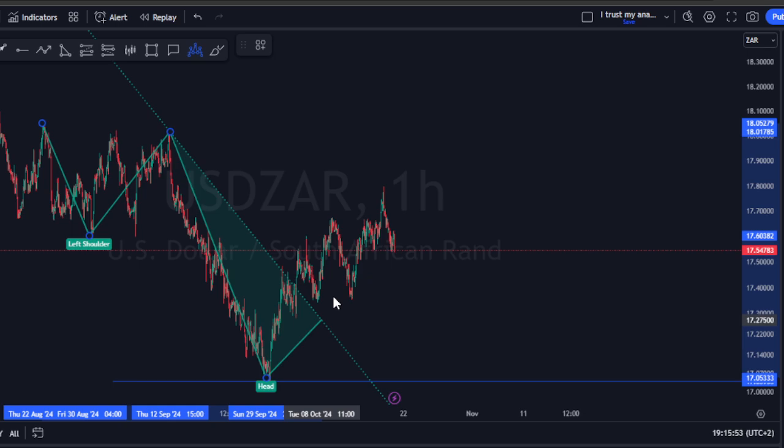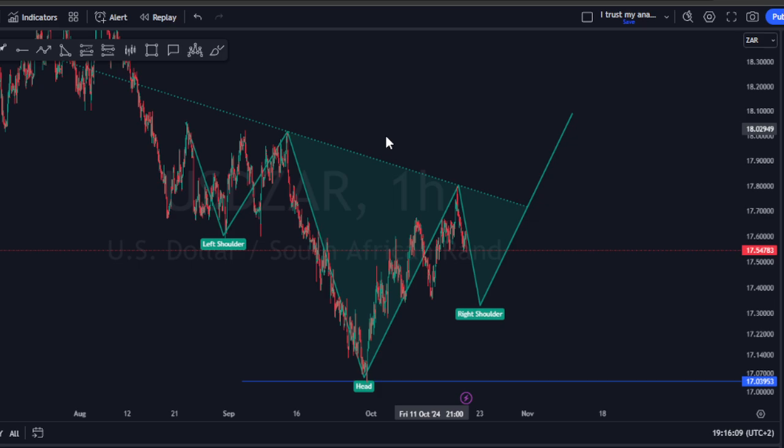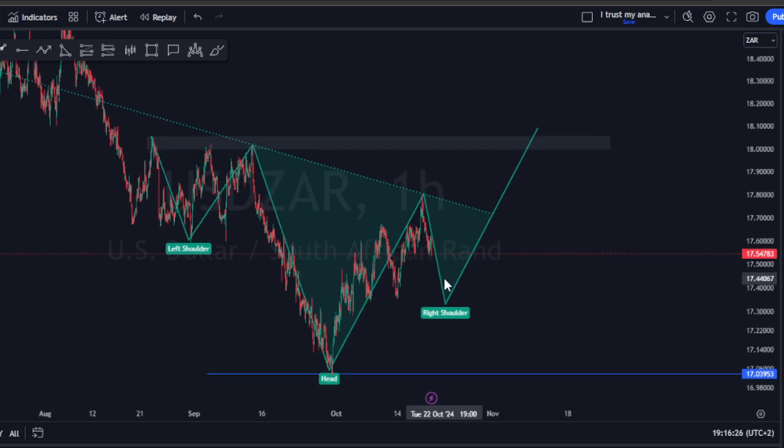So, ladies and gentlemen, what I'll be anticipating is price to push up, break the neckline, give me a retest, and then enter. I'll be looking for entries at the neckline once it retests. So the head and shoulders was just a guide for this one and the neckline.